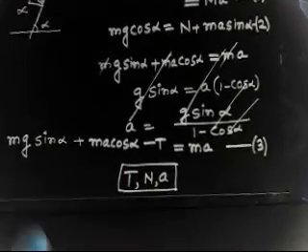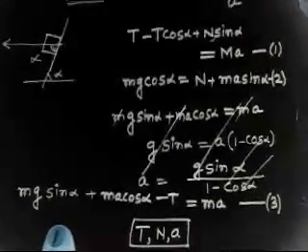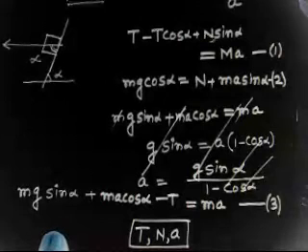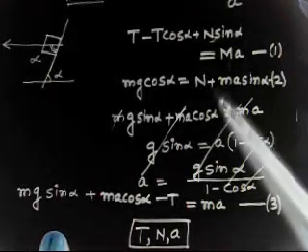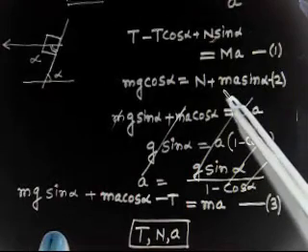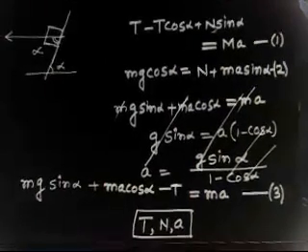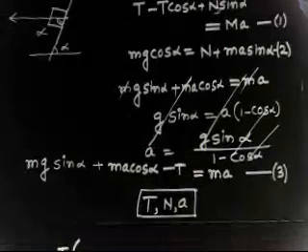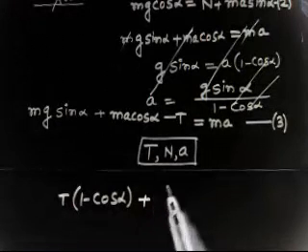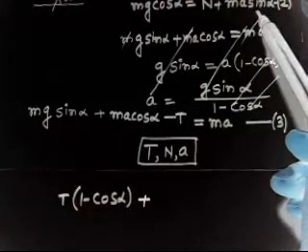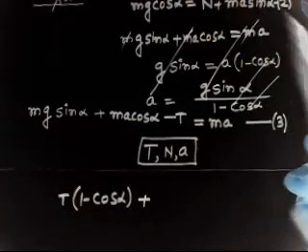Okay, let us try to solve. How will we solve? I can find N from here and put N here, and then I can eliminate T. So let us find N from equation number 2 and put it in 1. So we have T(1 minus cos alpha) plus N sin alpha, and N is what? mg cos alpha minus ma sin alpha.